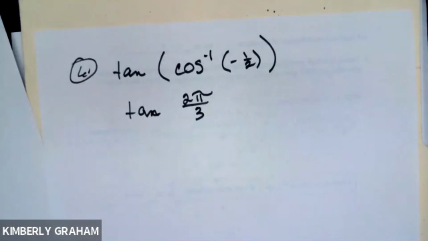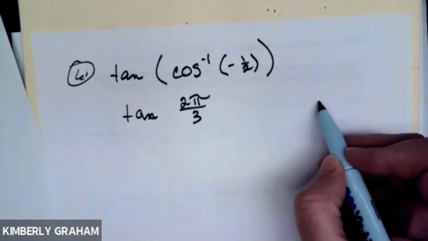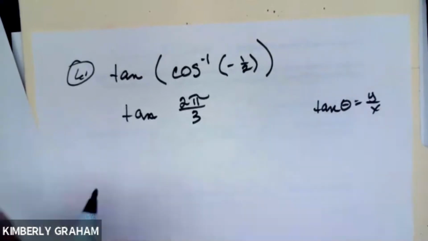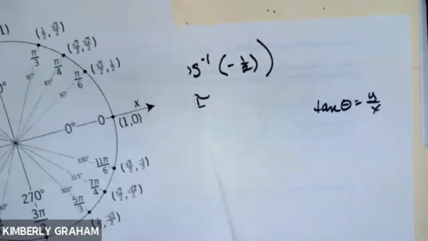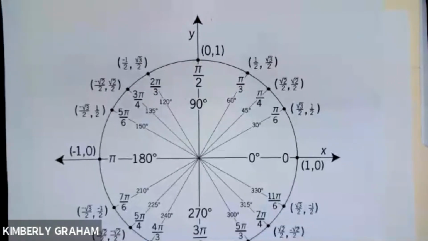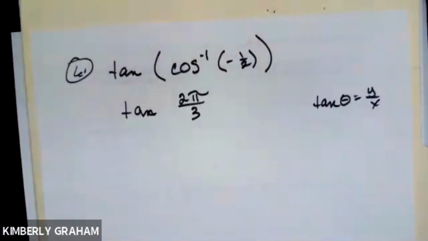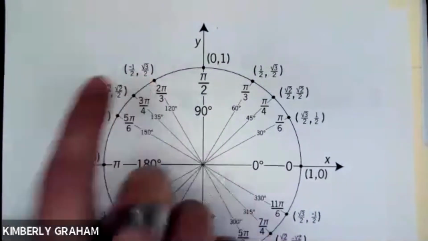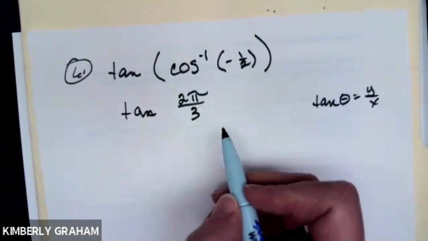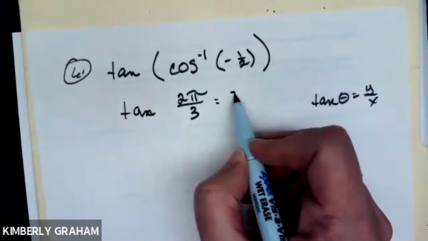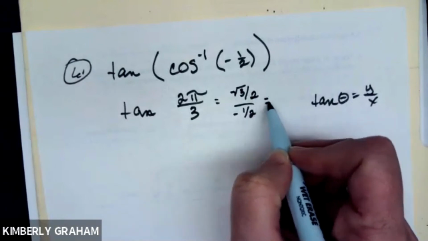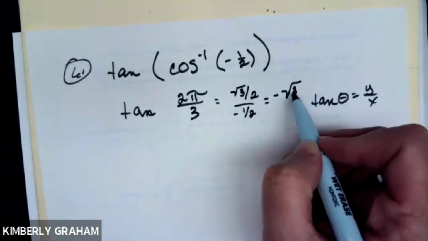It's opposite over adjacent, or y over x. Tangent of theta is y over x. So in this case, 2 pi over 3, square root of 3 over 2 over negative 1/2, and that simplifies to negative square root of 3.